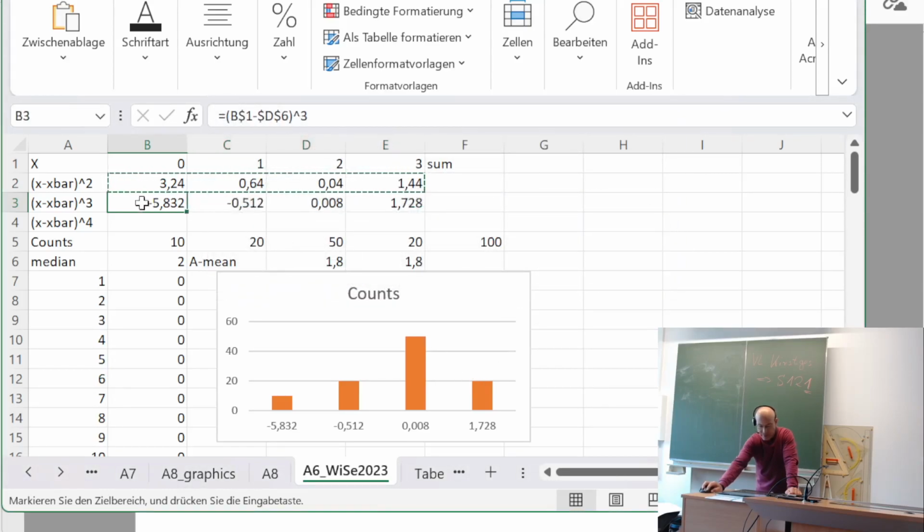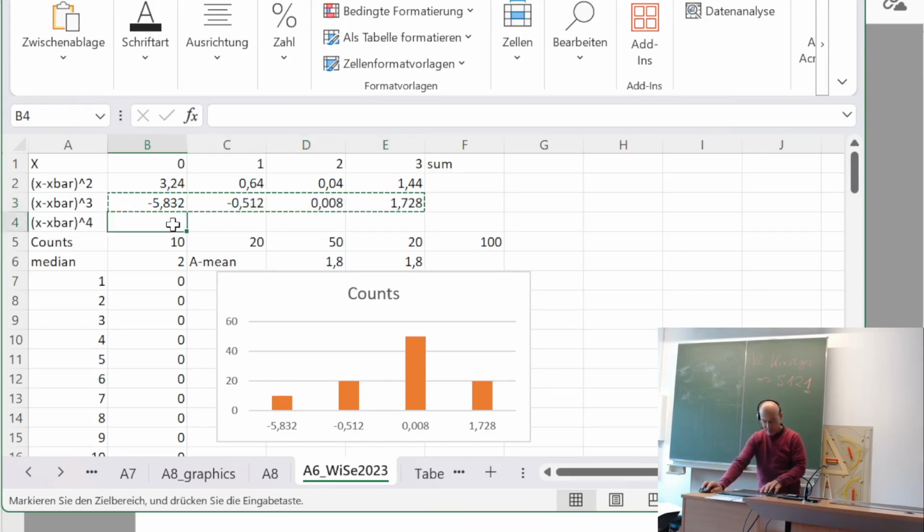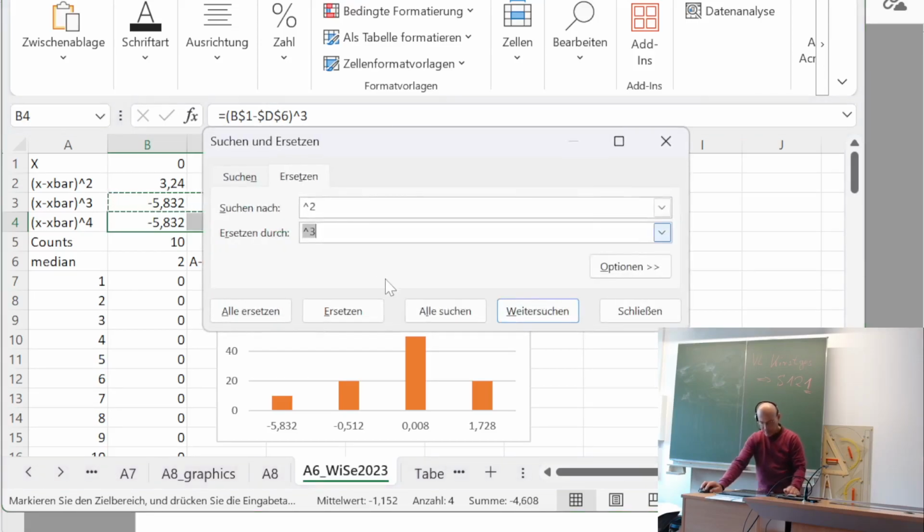And for the kurtosis, I later on need the power of 4. And this we change to, this is then from 3 to 4.